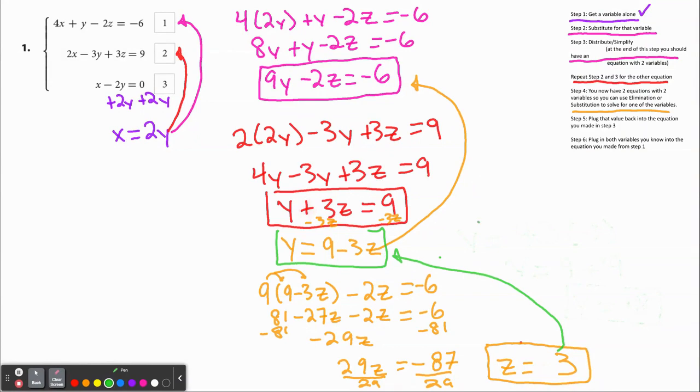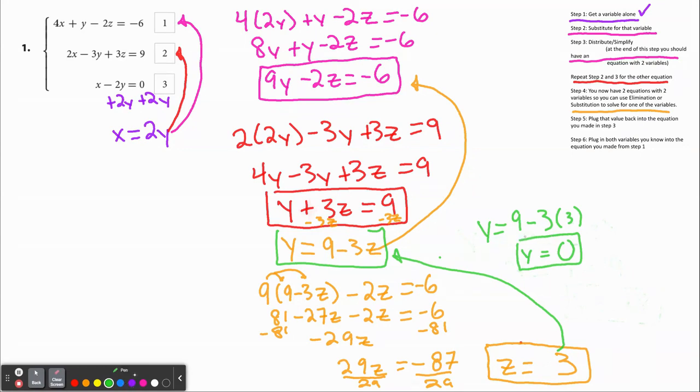So what I get here is y equals 9 minus 3z, and I know that z is negative 3, so I'm going to plug in negative 3 here. And negative 3 times 3 is 9, so y equals 9 minus 9, which is 0. So now I have two of our three variables, y and z.